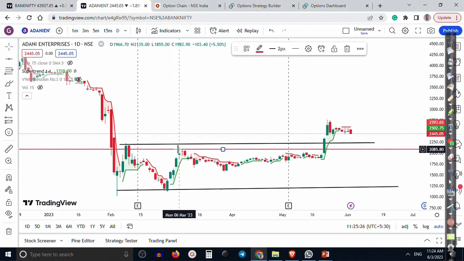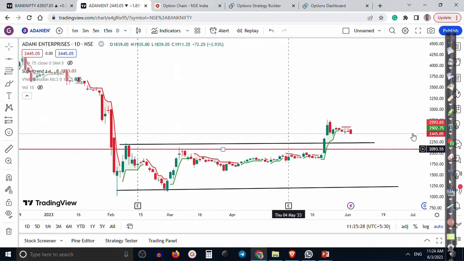If price stays above this area anywhere, we will collect the premium, but if price goes down below this level, our risk will be here. Later we will discuss how to adjust the position if price goes against us.